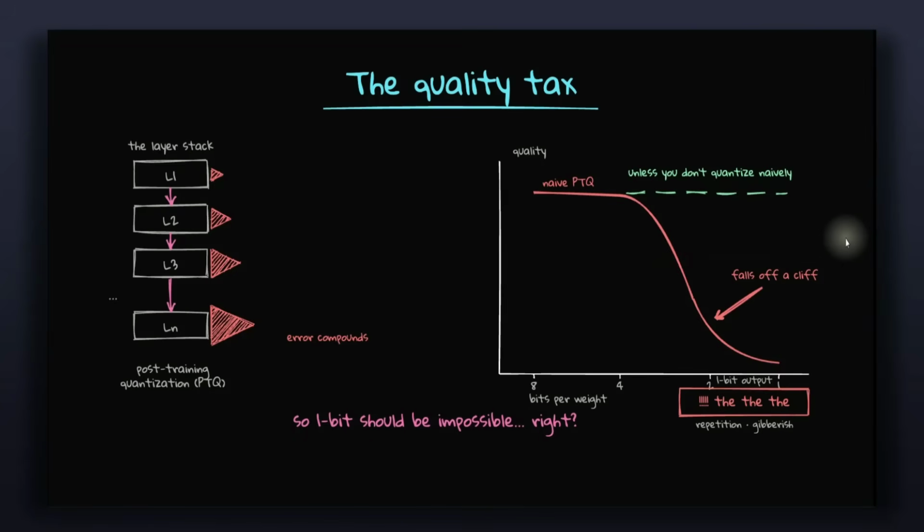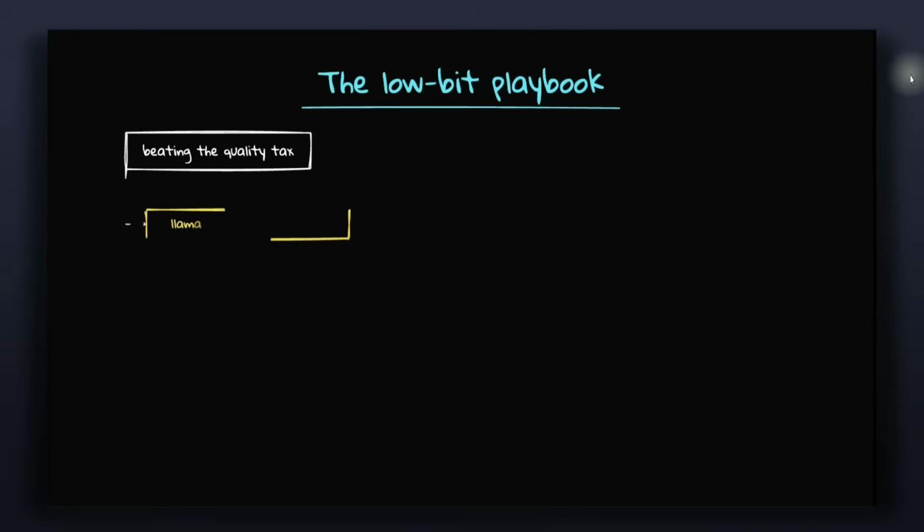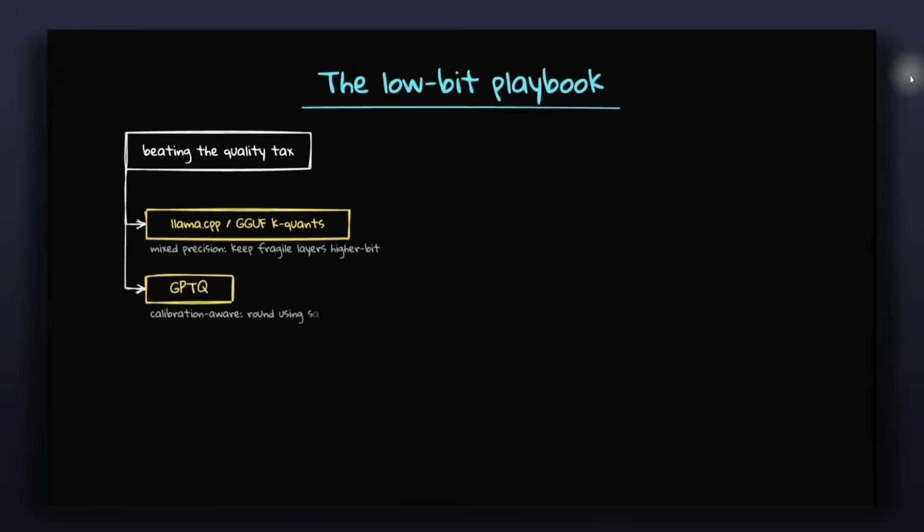But they did something different. Okay, before I explain the technique, you actually need to give open source credit because they're building on top of what other people have done. So first, we need to look at llama.cpp and the GGUF K-quants, which are mixed precision, where you spend extra bits on the fragile layers and fewer on the rest of the network. Then came GPTQ, which made it calibration-aware.